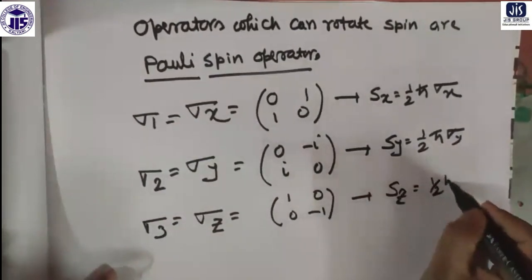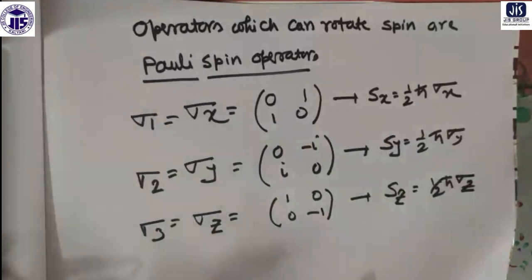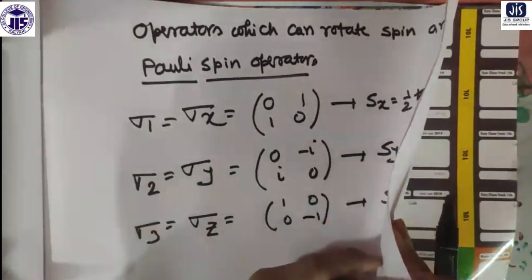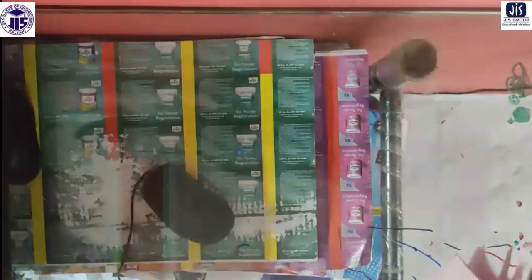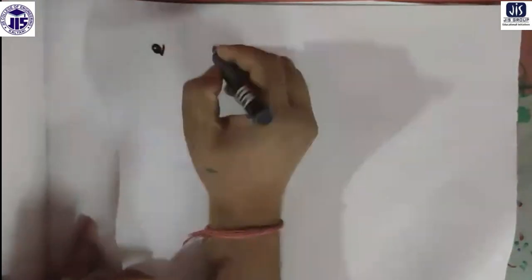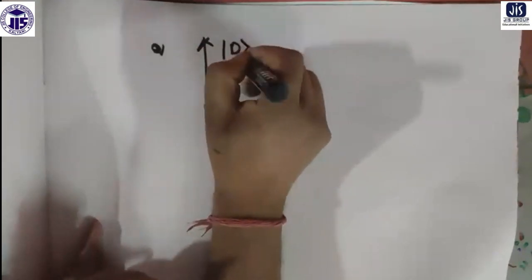Now the job of these three Pauli matrices is to act on the zeros and ones and rotate them and generate the various quantum mechanical states. So let us see how it does it. It is very funny. Suppose this is my quantum mechanical state. Suppose I have an electron in the zero state.